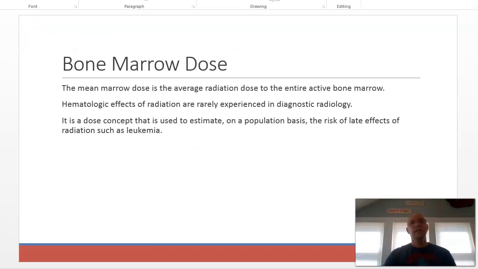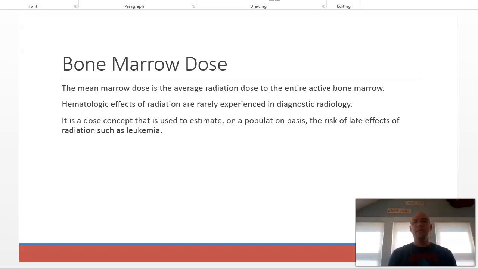The other dose that you should be aware of is bone marrow dose. Once again, we're dealing with a large study over a long period of time with lots of people, and what we're looking at is a radiation dose that affects the entire active bone marrow. With diagnostic X-ray, you really don't see that, and the chances of having any type of hematologic effect because of a diagnostic X-ray are virtually nothing.